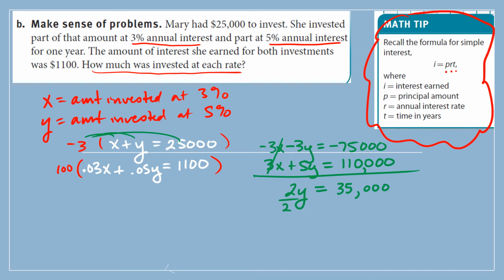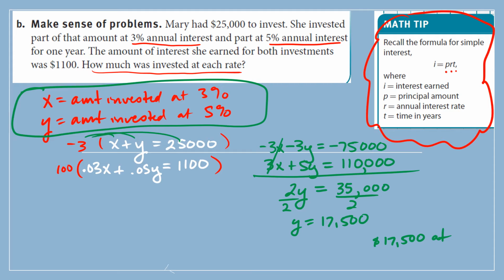So I've got y equals 17,500. So I know she's got 17,500 invested at 5% annual interest, and that's why it's so important at the beginning to define what it is. Then I've got to go find the other amount.